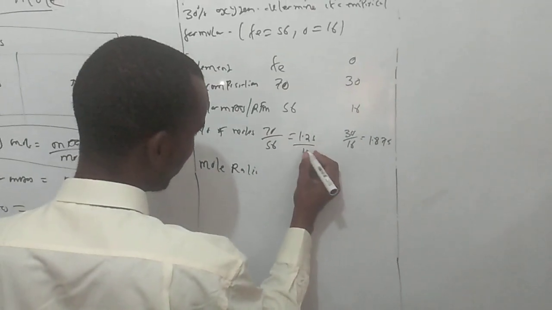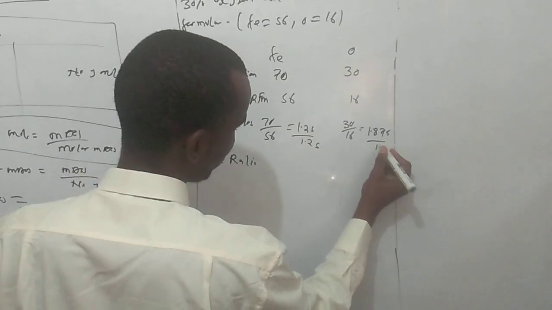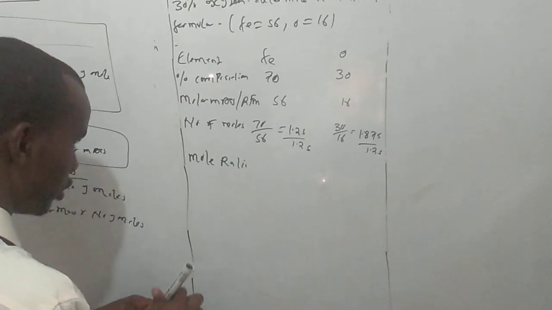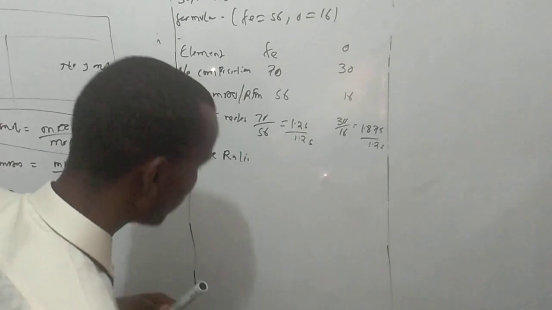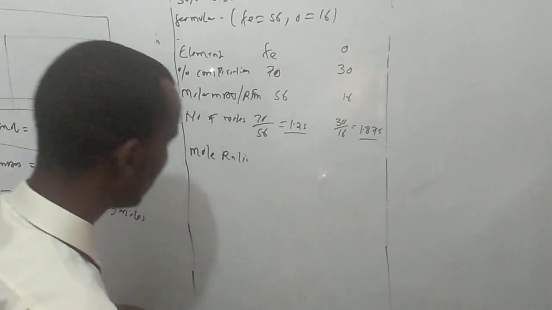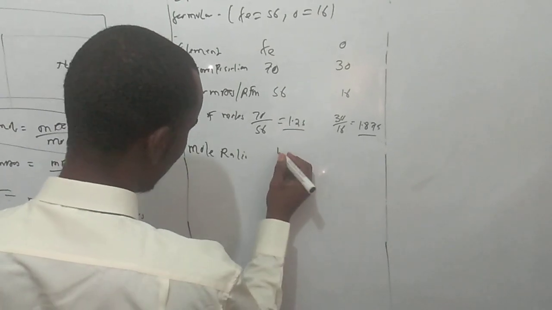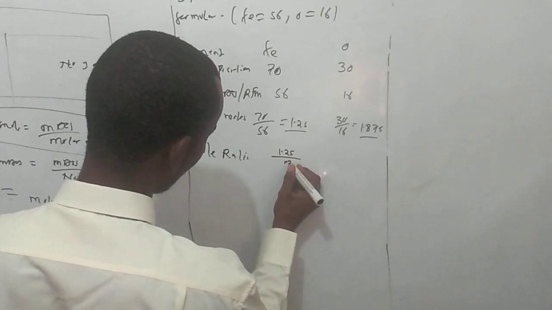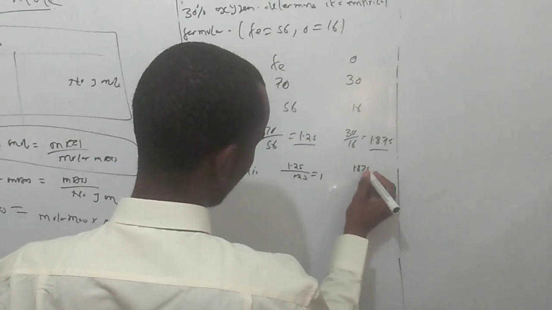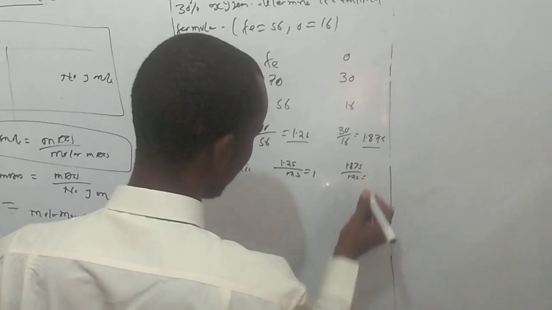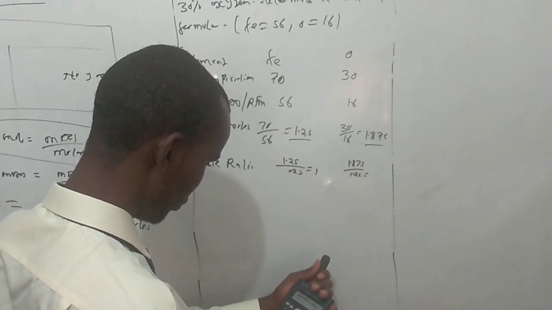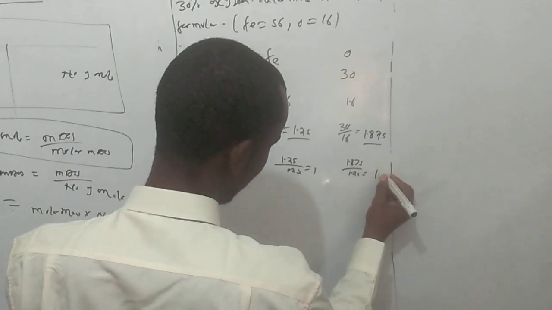So we take 1.25 over 1.25, and 1.875 divided by 1.25, I'm getting 1.5.